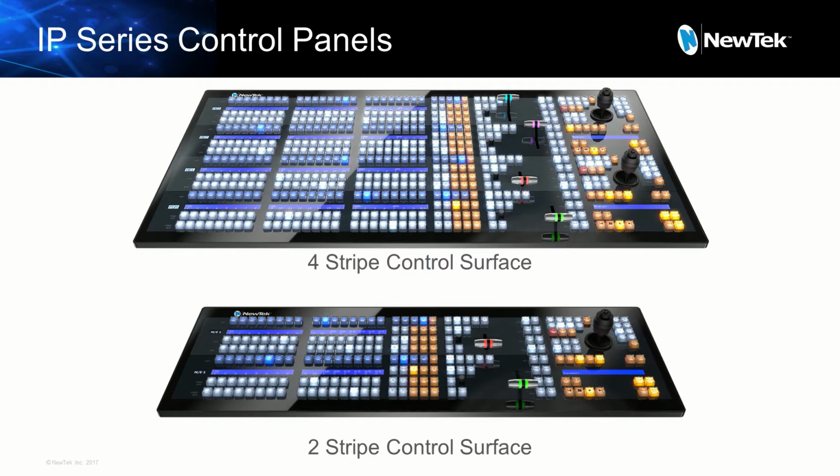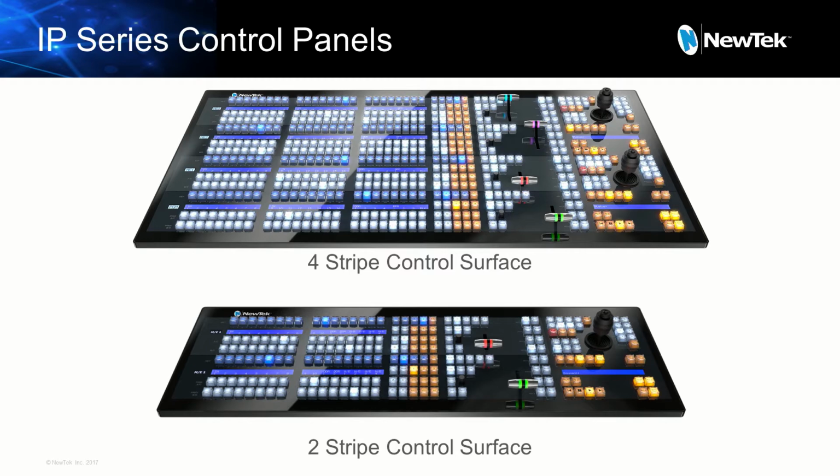So when you pair a 2-stripe control panel with a 2RU non-redundant power supply, it gives somebody the ability to get into an IP series system at a much lower price point than they maybe were used to previously. So just keep that in mind as well. Both of these control surfaces use Ethernet for connection. They do require external power. Keep that in mind.